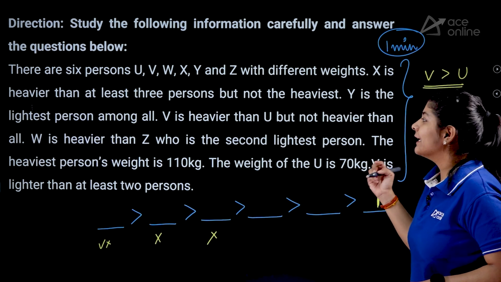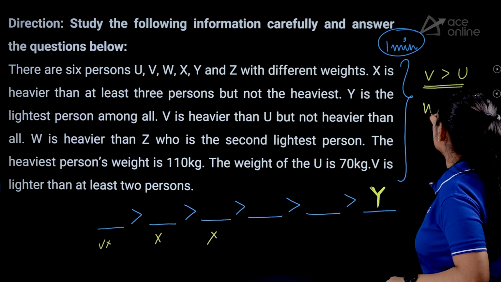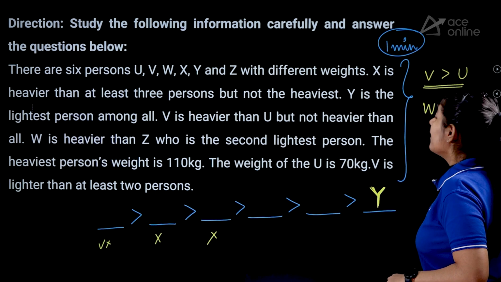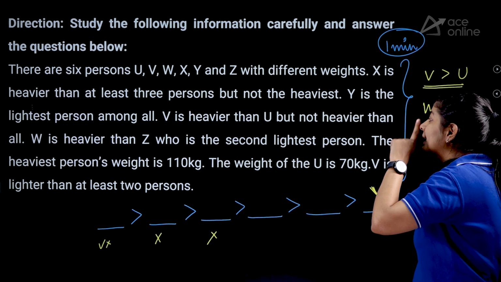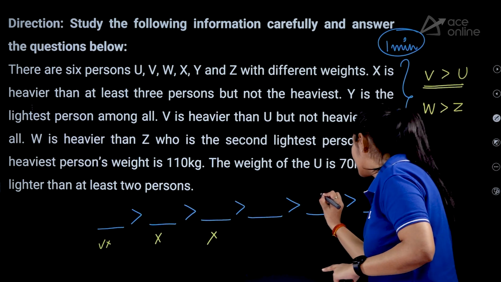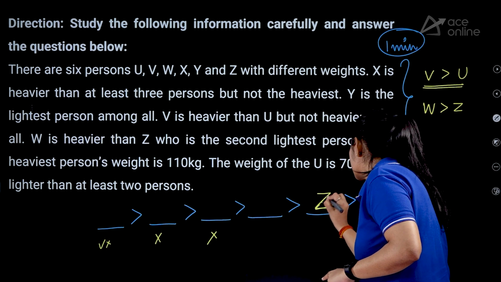Now, in the next line, it is given that W is heavier than Z, who is the second lightest person. That means the position of Z is also fixed.